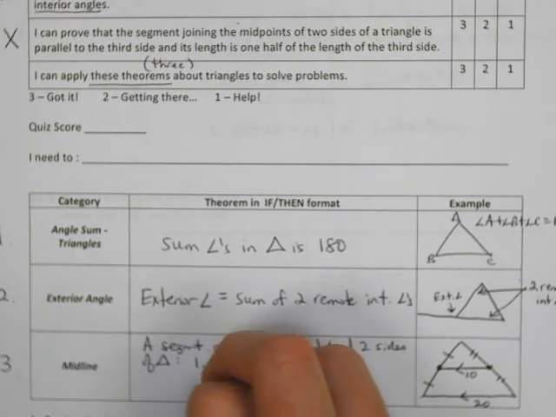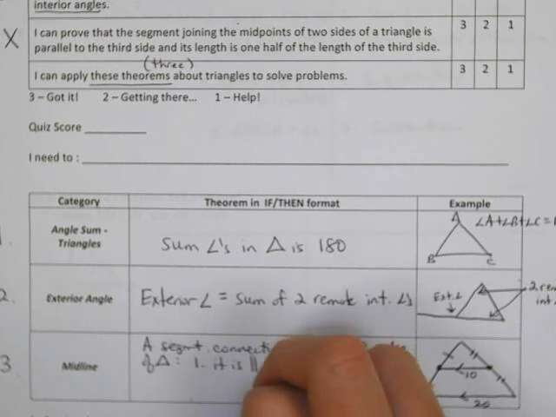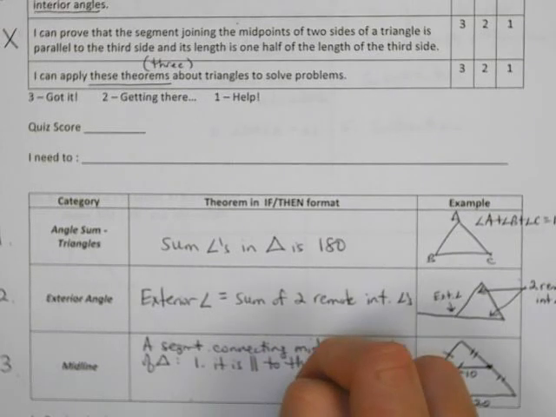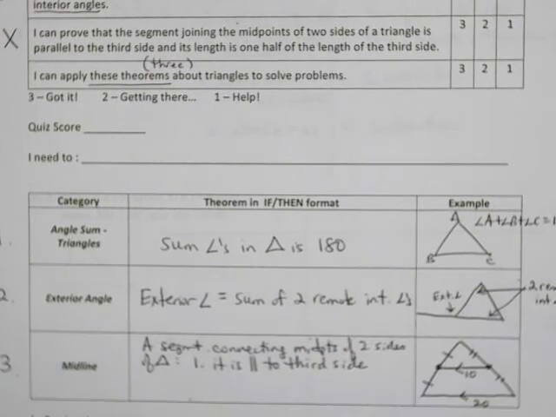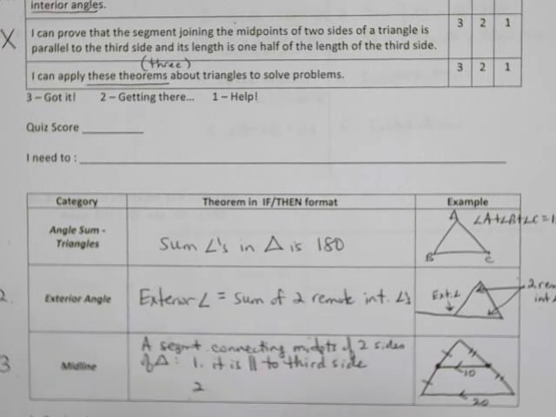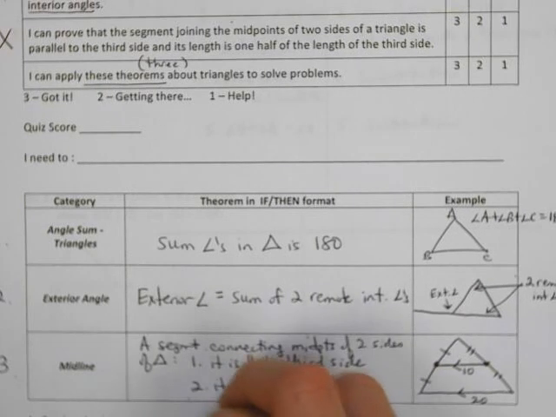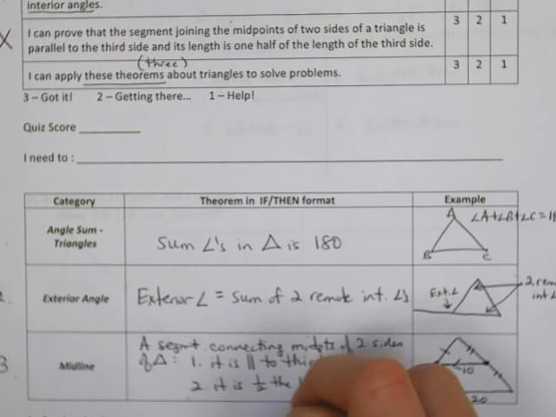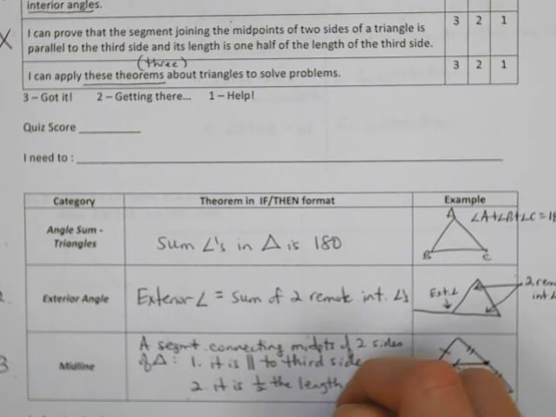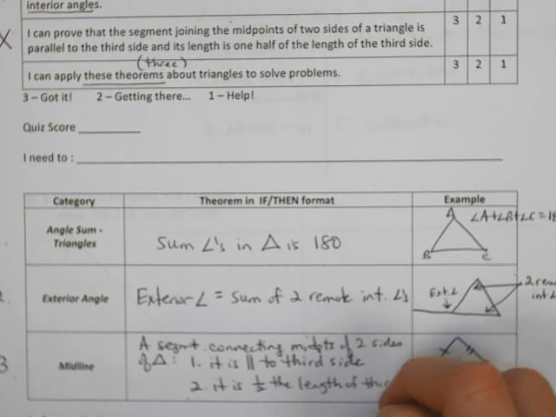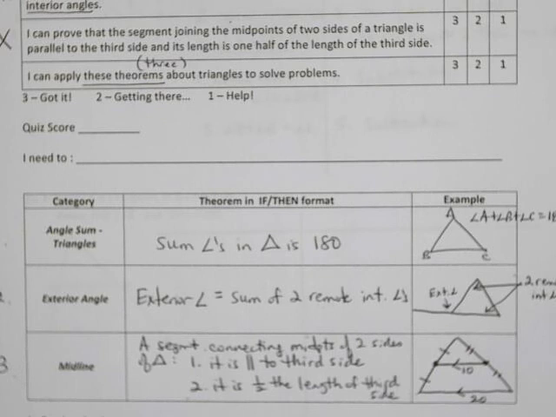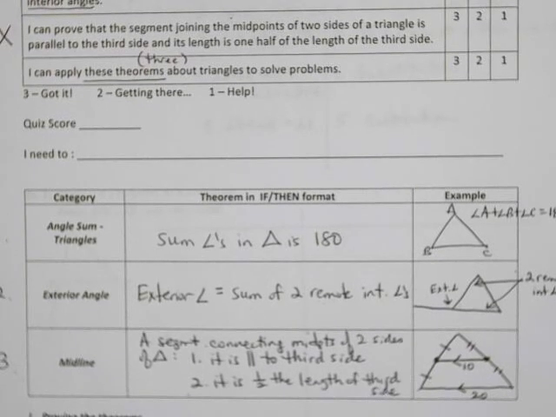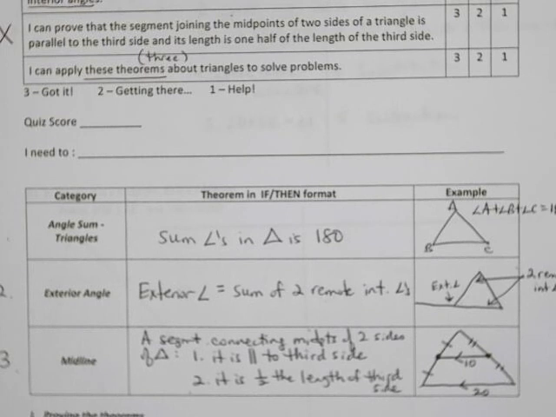One, it is parallel to the third side, and two, it is half the length of the third side. So it's parallel to the third side, and it's half the length of the third side. And we're just going to apply that in some problems. I'm not going to ask you to prove that.